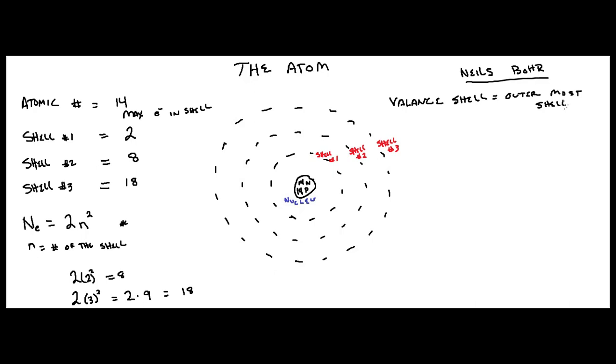So now, let's think about this for a second. When you have an electrically balanced atom, and it loses an electron, it's going to lose it from its valence shell, right? It's going to go off somewhere.